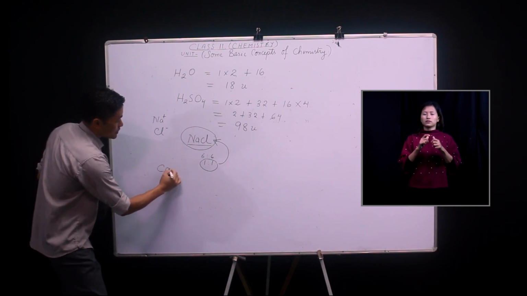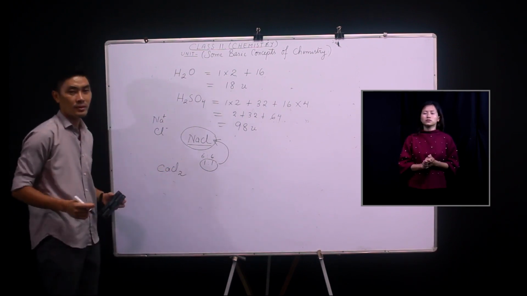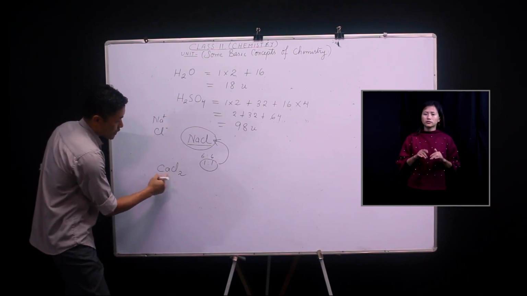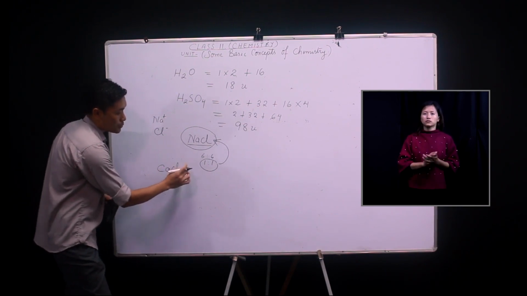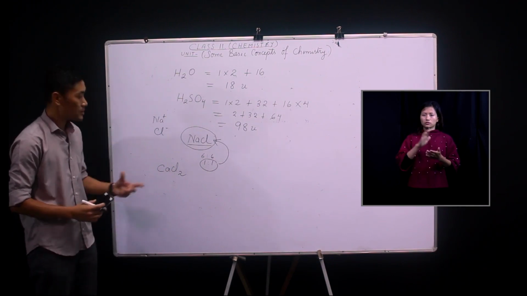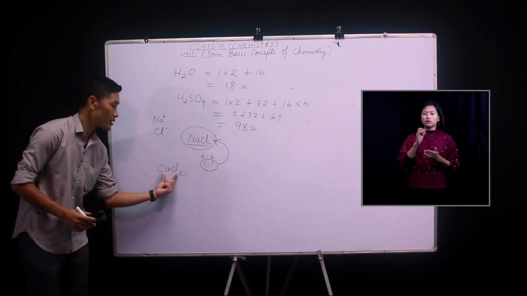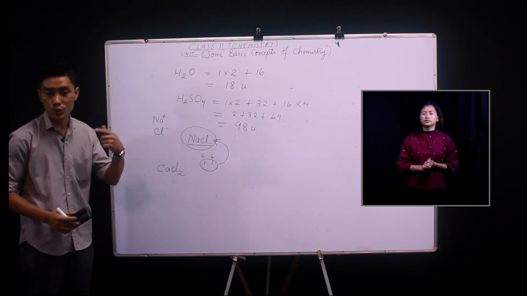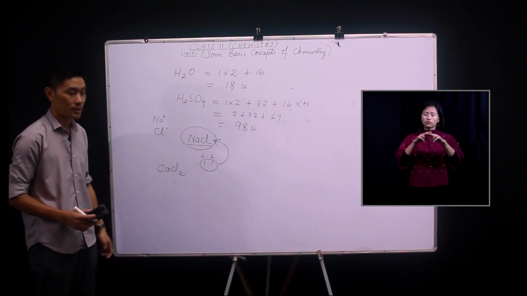Likewise, if we have calcium chloride, then this means that for each calcium ion, there are 2 chloride ions. This is not the actual molecular formula of calcium chloride. This is just the empirical or stoichiometric formula of calcium chloride.